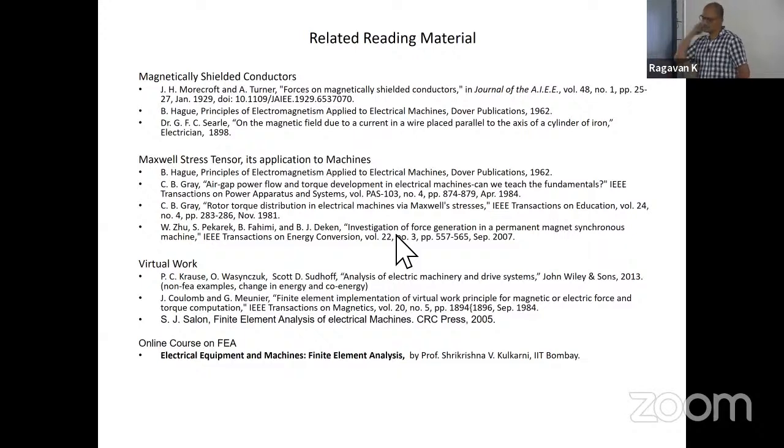And a course that will help you learn FEA, or do FEA for machines, is the last one, by Professor S.V. Kulkarni, IIT Bombay. Typically, in which semester is this course offered? This is now available online for free, anytime. Just type this name and you will get it.